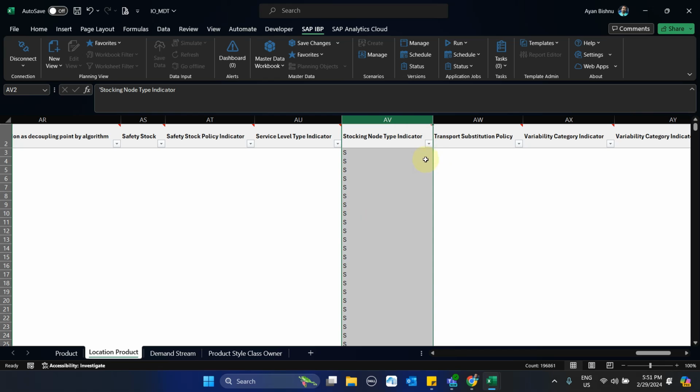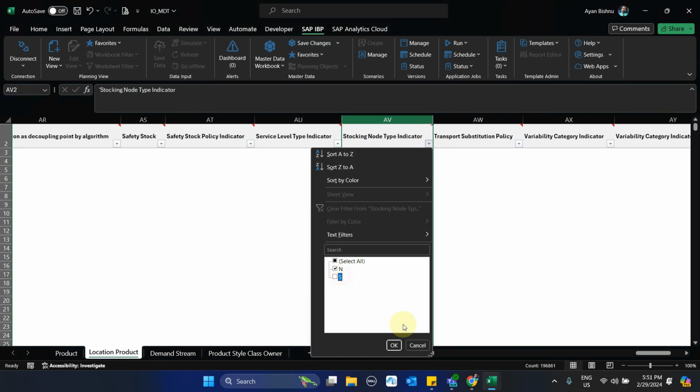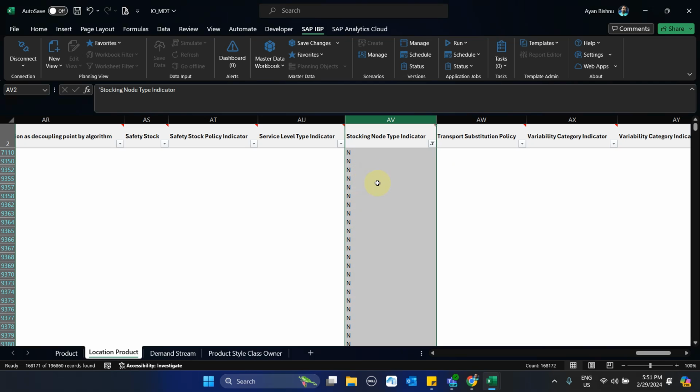Whereas if the stock node type indicator is marked as N, then even though we might have direct customer demand, or even propagated demand through transportation lane from other location, the system will consider this demand but it will not plan any safety stock for that particular combination. Hence, stock node type is one of the most important attributes of inventory optimization.